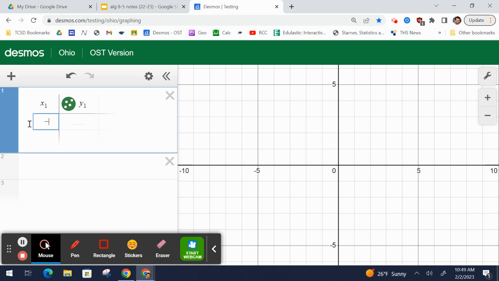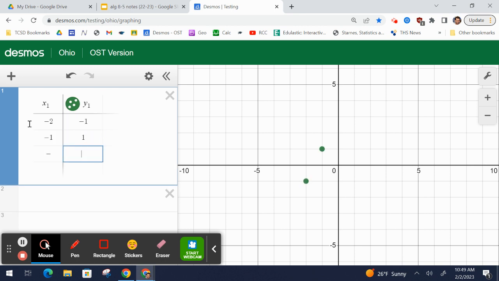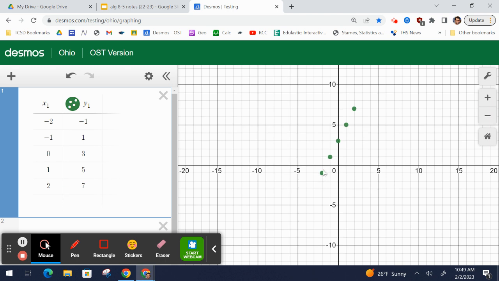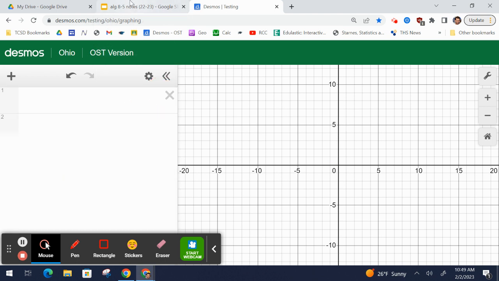And we're going to add -2, -1; -1, 1; 0, 3; 1, 5; and 2, 7. And again, you cannot judge just based off this, but you can see that they're in a straight line. So this is a linear model. Perfect. All right, we'll come back to this with the next two.